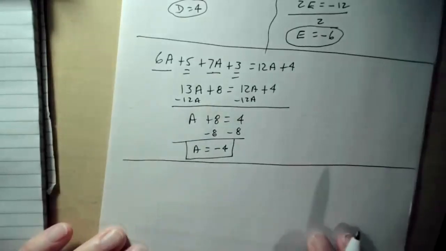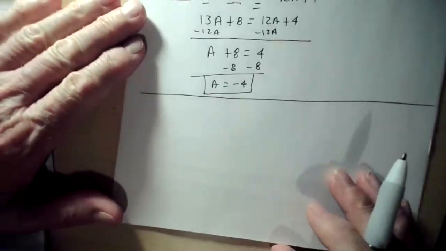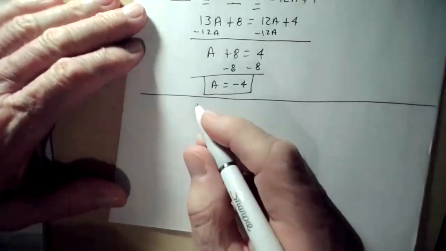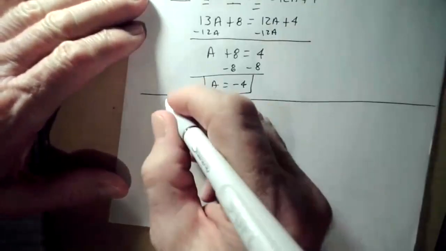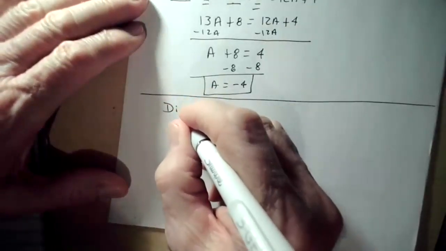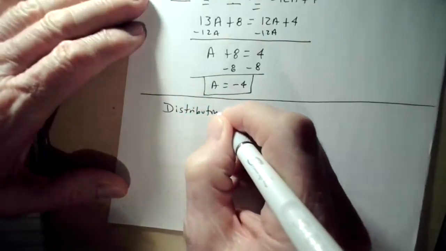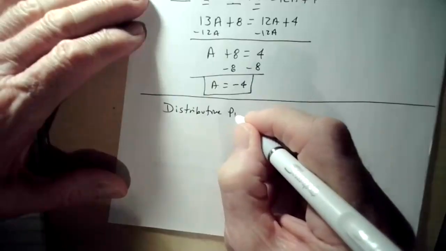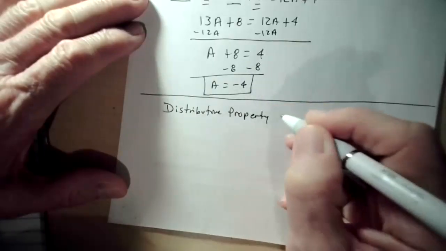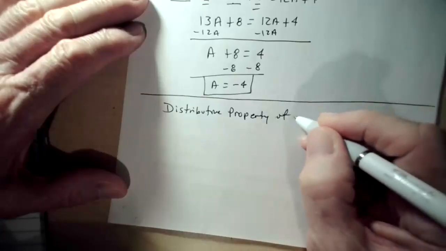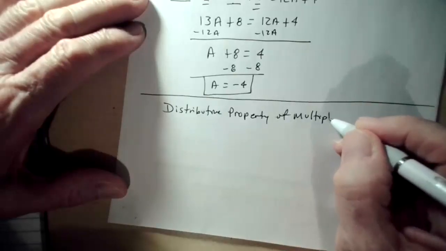Okay. Let's kind of switch gears here. This is called the distributive property of multiplication.